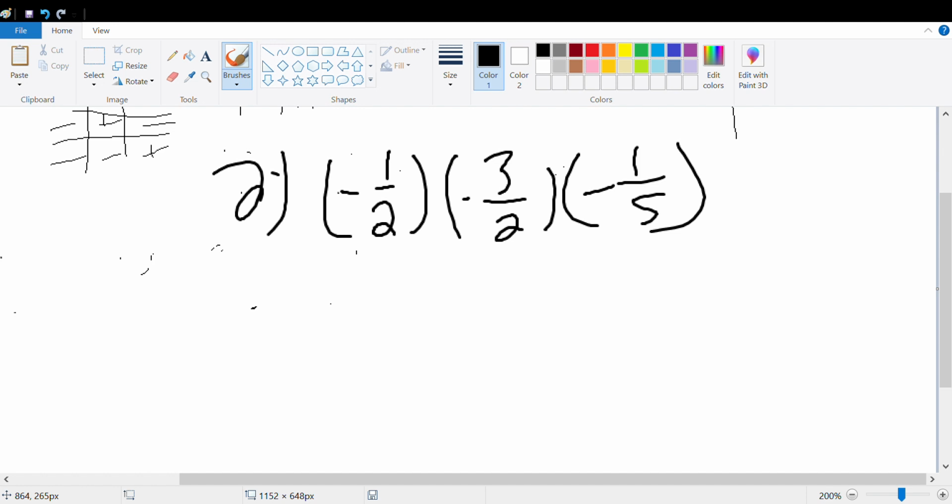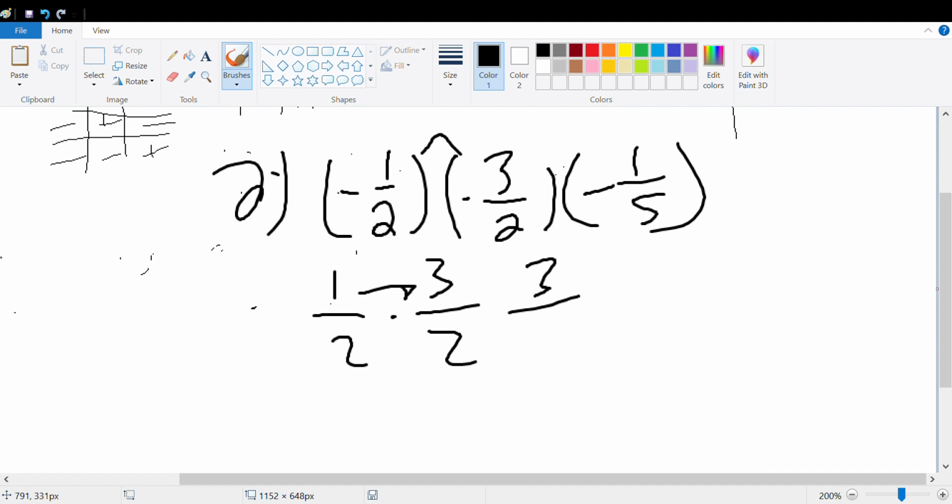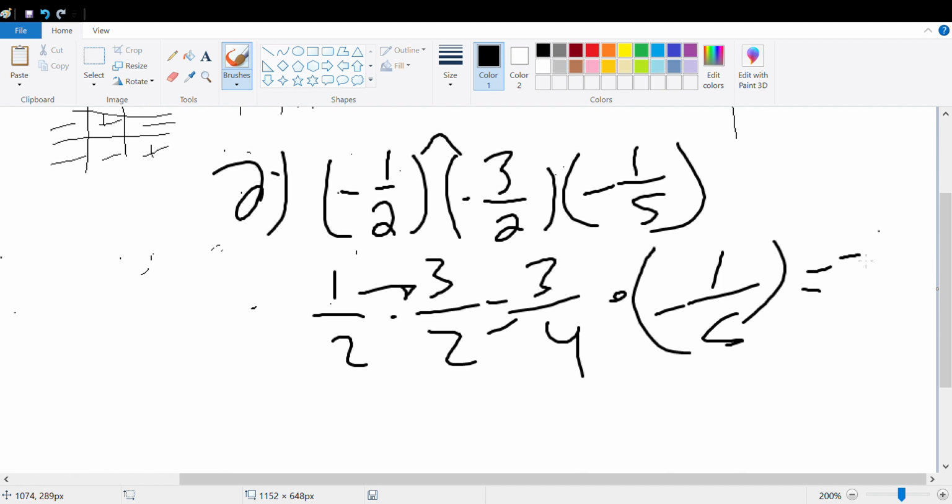So we know that these two are negative, so when multiplying 1 over 2 times 3/2, 1 times 3 is 3, and 2 times 2 is 4, so 3/4. Okay, so now we need to multiply that by negative 1/5. So 3 times 1 is 3, and 4 times 5 is 20. So the answer is going to be negative 3/20.